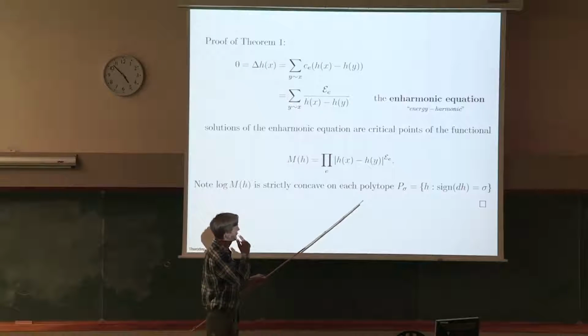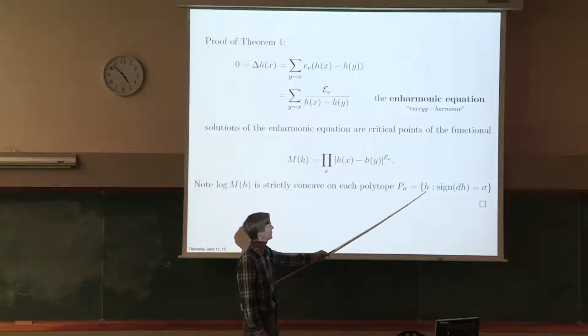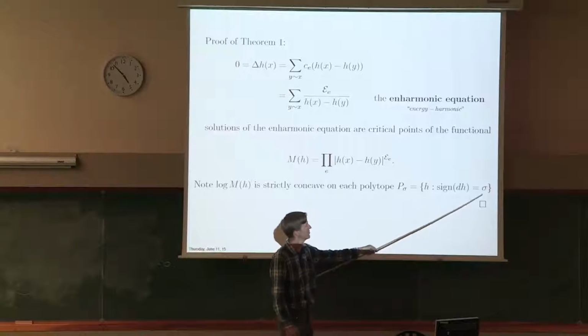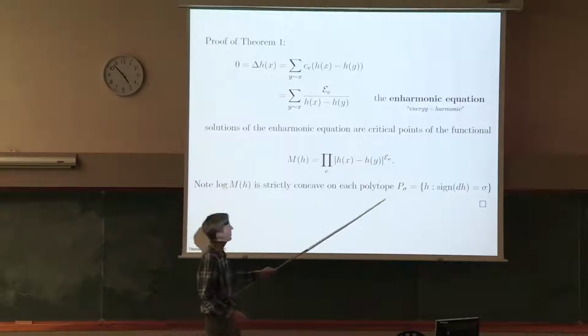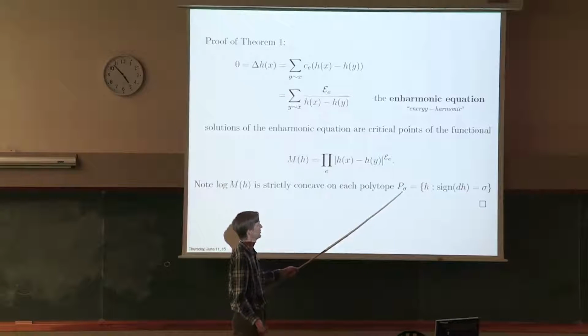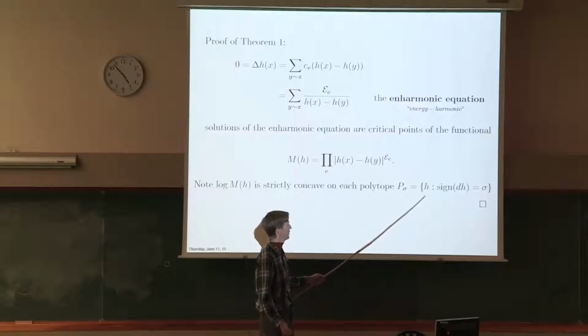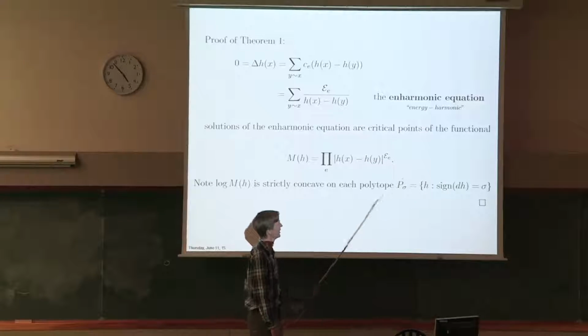Here we're trying to solve for our unknown function h, so let's first look at the set of functions on the vertices such that the orientation they induce on the edges is equal to our favorite orientation sigma. That's just some polytope, a convex set in R to the V, minus 2, because each of these conditions is just a linear condition on h.